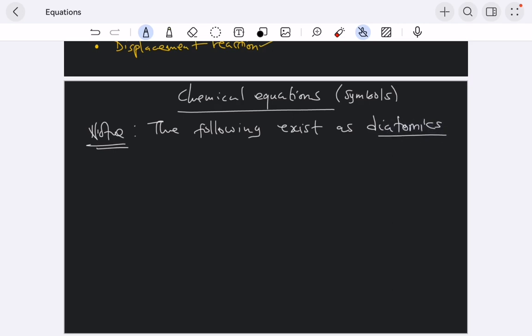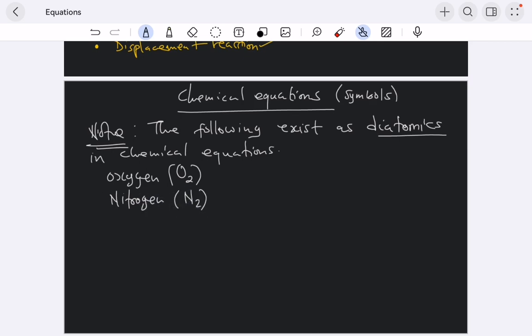I'll explain diatomics in chemical equations. Okay, so whenever you're writing oxygen, you write it as O2, O subscript 2. Whenever you are writing nitrogen, you write it as N2.